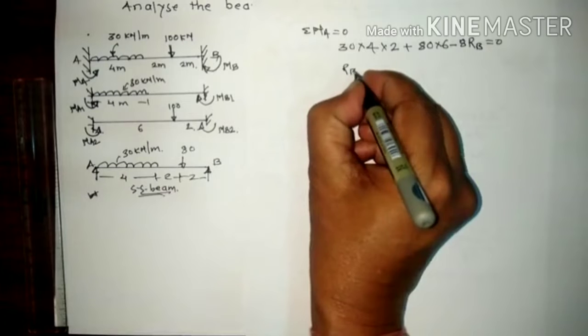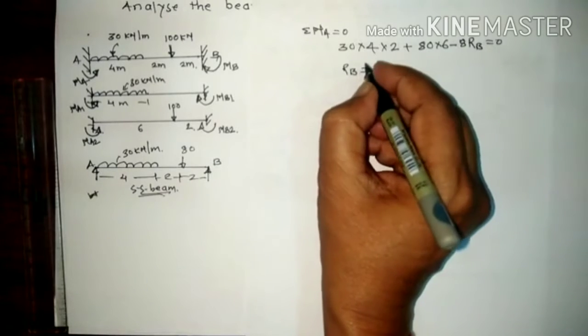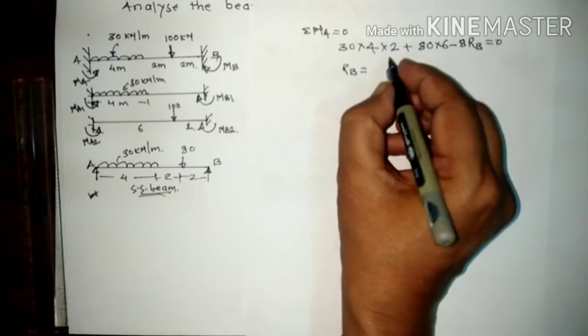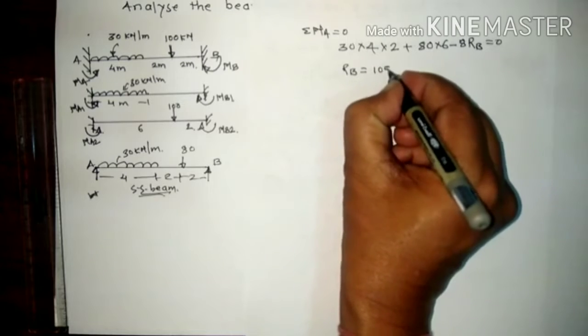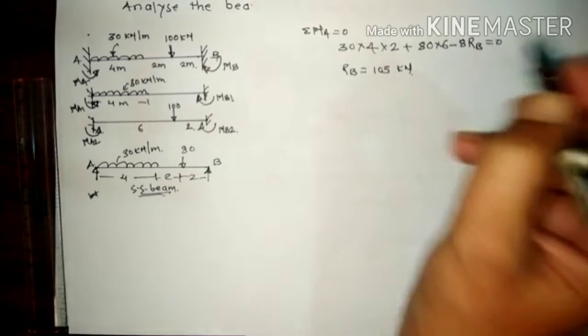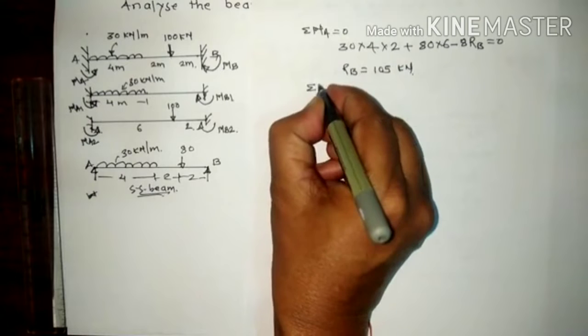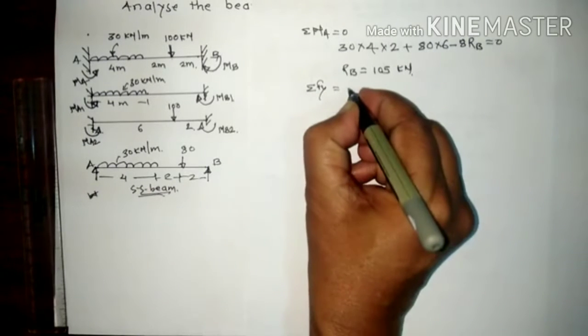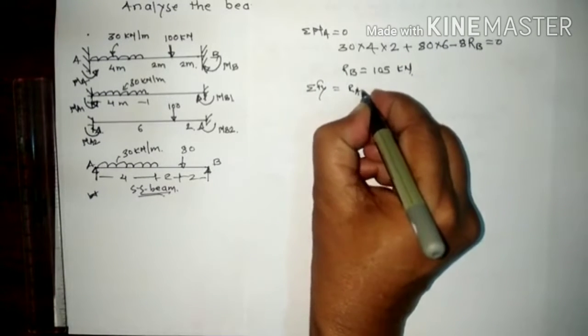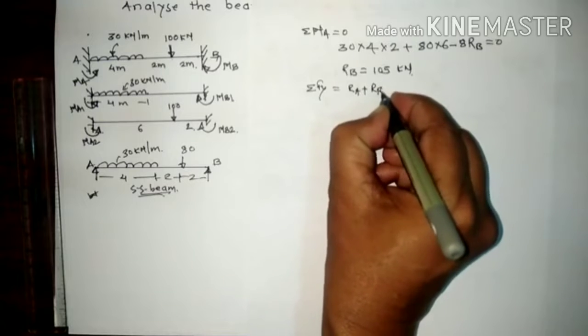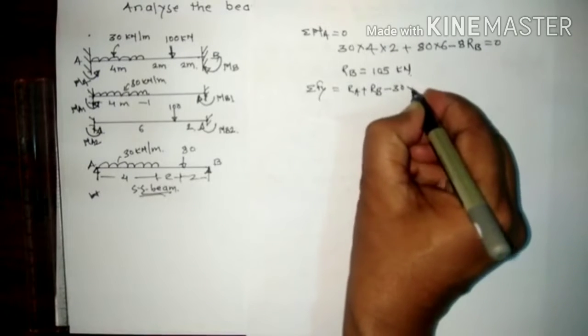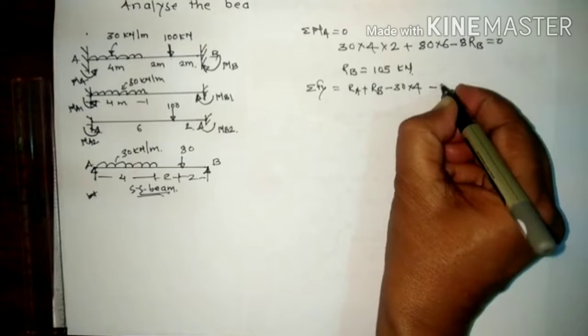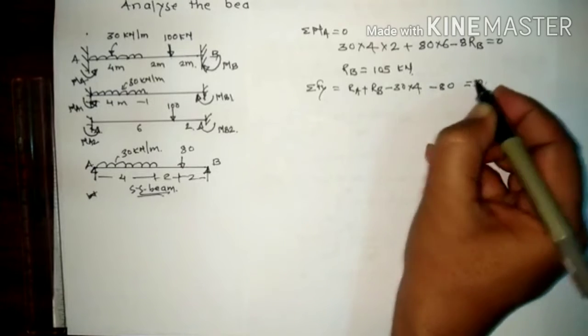So here this RB becomes 105. Then apply sigma Fy condition here. So we got RA plus RB minus 30 into 4 and minus 80 is equal to 0.